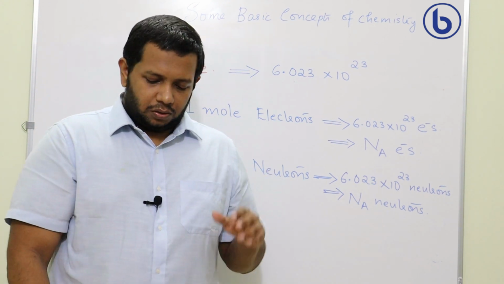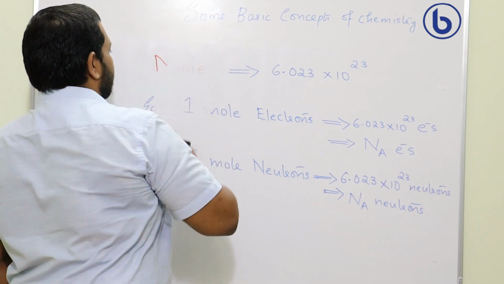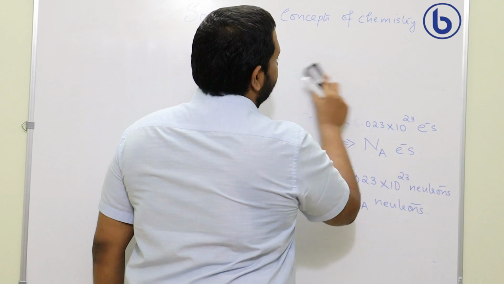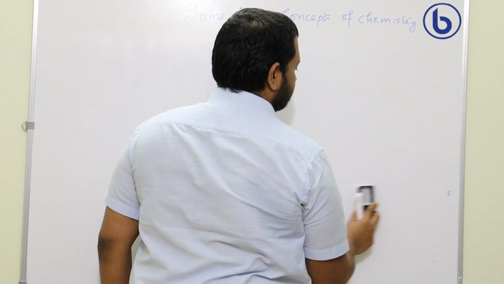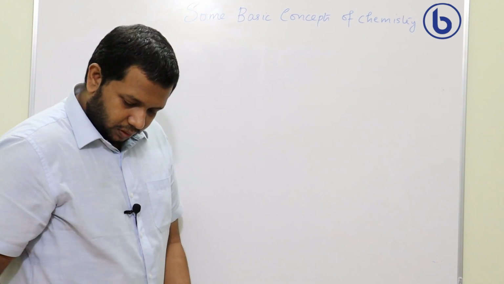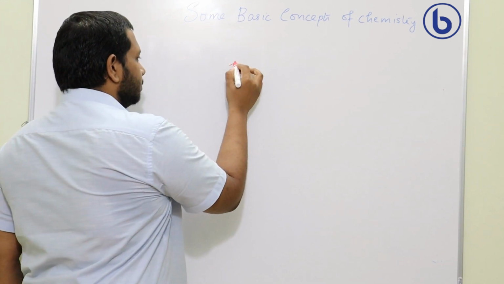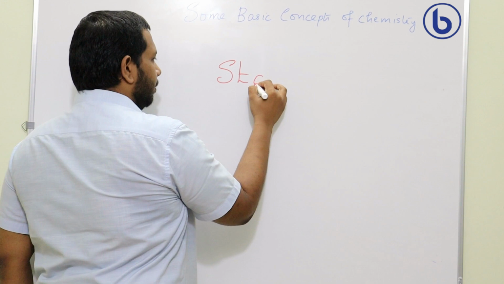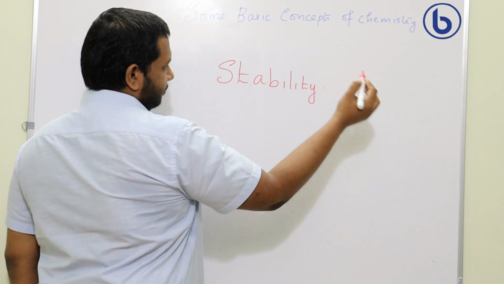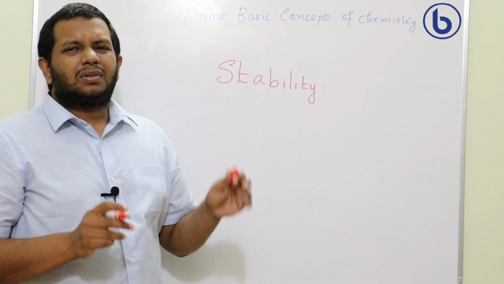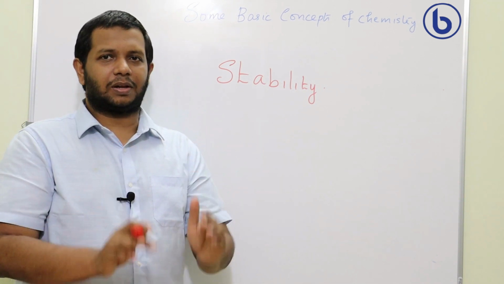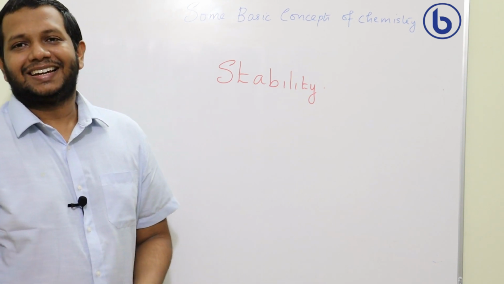So the next term I want to introduce to you is stability. The term stable or stability is more correct with respect to chemistry. Coming to chemistry, I will discuss stability with respect to chemistry, don't worry.